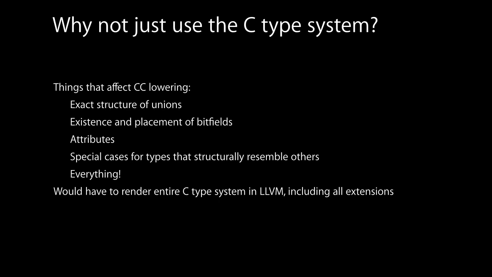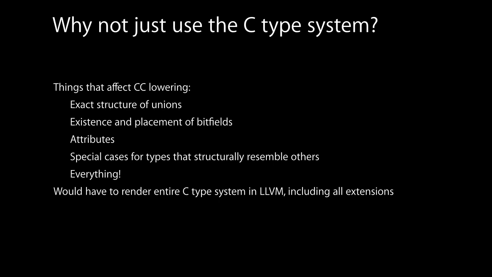Oftentimes you will have two types which feel like they ought to lower down to basically the same thing in terms of primitive representation, but in fact the ABI calls out one of them as a special case. The really standard example of that is a structure with two floats like point2f and a complex float.